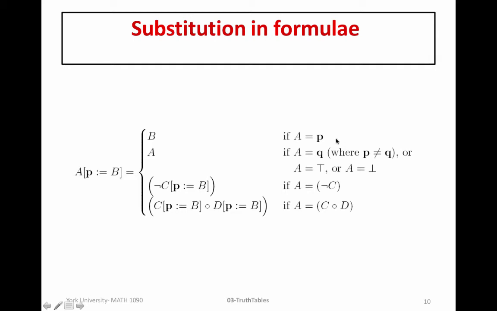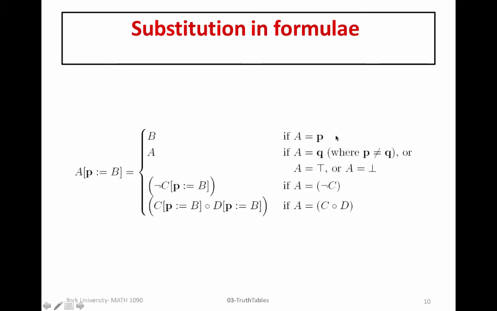Our first case is to consider all the atomic formulae. So suppose A is an atomic formula. It could be the variable P. If A is P, then we replace P by B, and this string becomes the formula B.